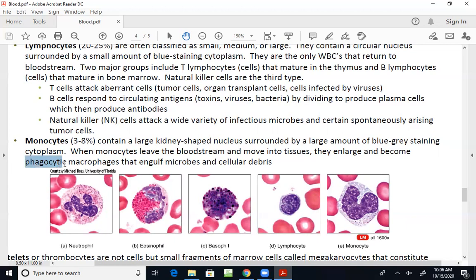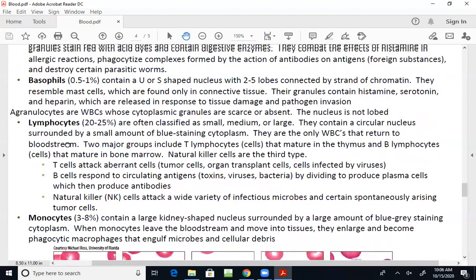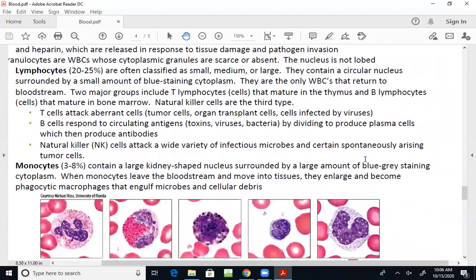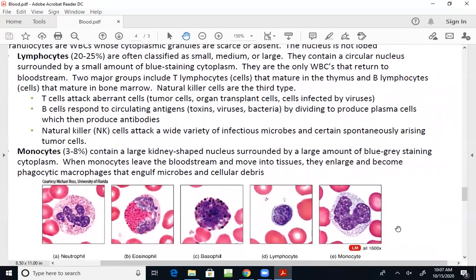These are the major Pac-Man cells of the body. Macrophages, which form from monocytes, and our neutrophils are the most important phagocytes, engulfing things like microbes and cell debris, gobbling stuff up like Pac-Man does in the video game.